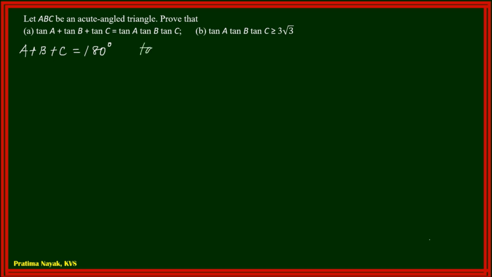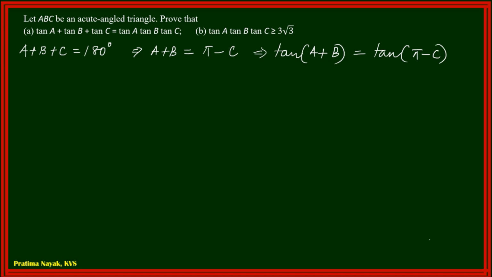So if I take A plus B only, it is equal to 180 minus C, or pi minus C. Now, if I take tan function on both sides, it will be tan of A plus B is equal to tan of pi minus C.